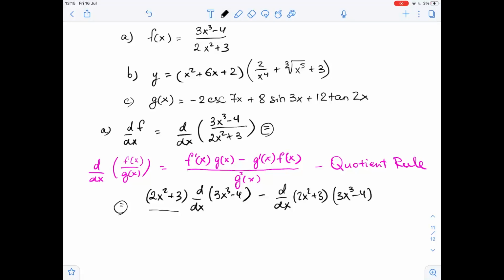And this whole thing is divided by 2x squared plus 3 squared.